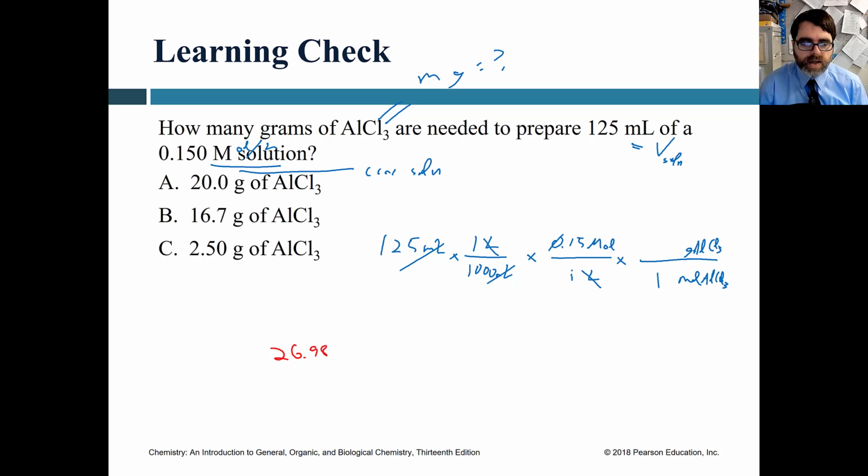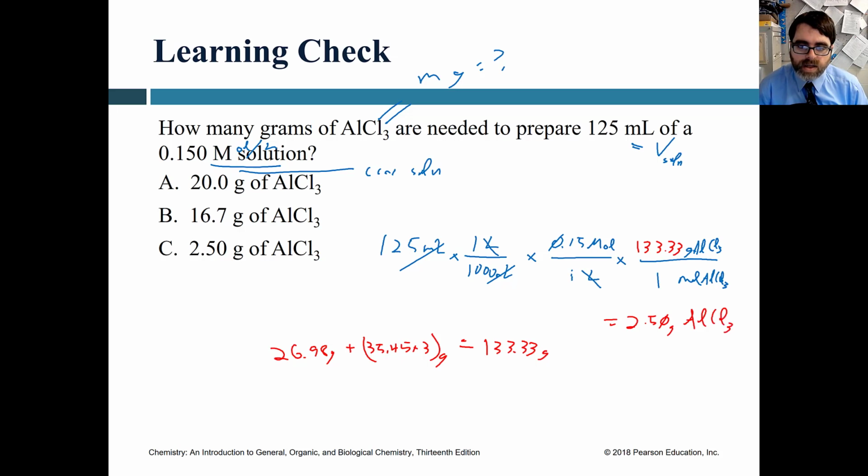It's 26.98 grams for the aluminum and 35.45 times 3 grams for the Cl here, and that gives me 133.33 grams, which is what I'm going to put in here. And now let's just punch it into a calculator, and when we do that, we find out that we need 2.50 grams of AlCl3, which makes it that one.